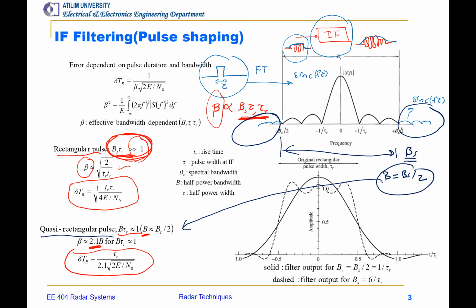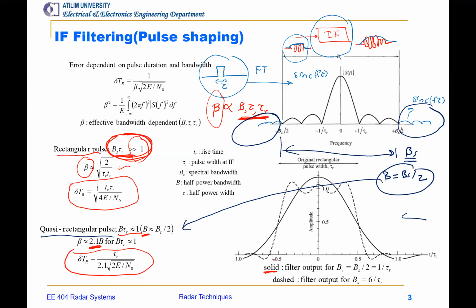So this rectangular pulse becomes a quasi-rectangular pulse, and it's illustrated right here. As you see, there are two filter outputs here.